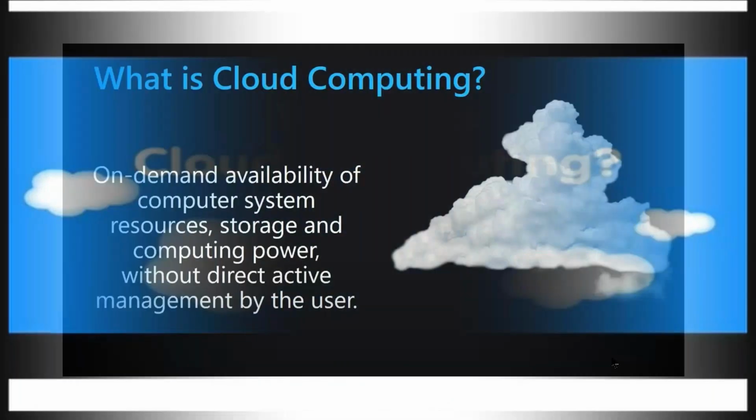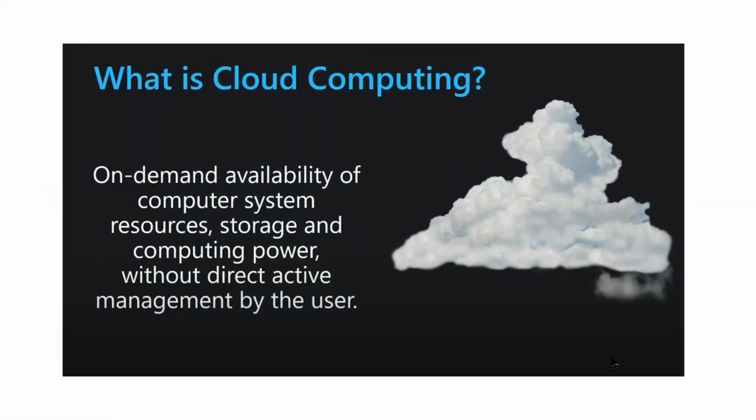On-demand is nothing but instantly, immediately, whenever any resource is required in AWS, we can create it within a minute, which is nothing but on-demand. So it is on-demand availability of computer system resources, storage, and computing power without direct active management by the user.